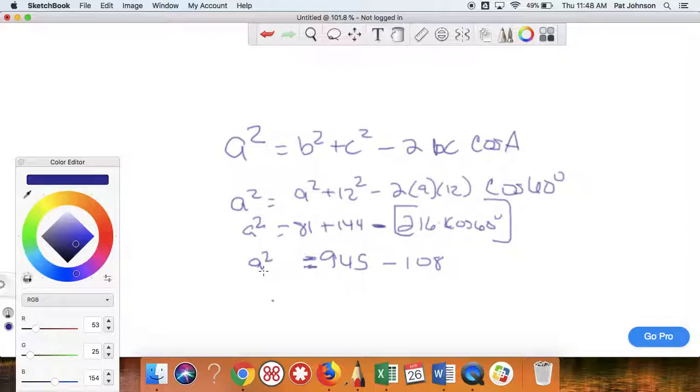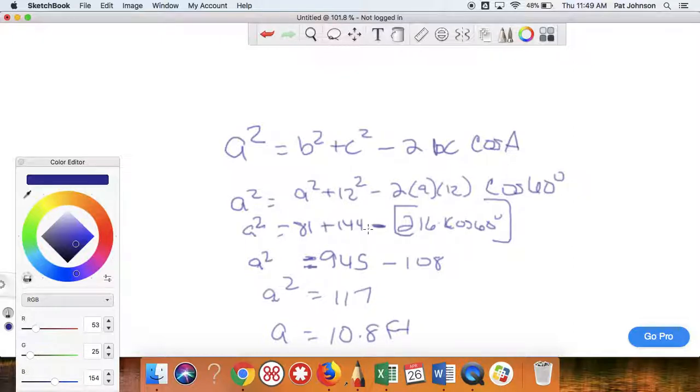And I did something wrong, obviously. This equals a squared equals 117. And when I take the square root, I get that a is approximately 10.8 feet.